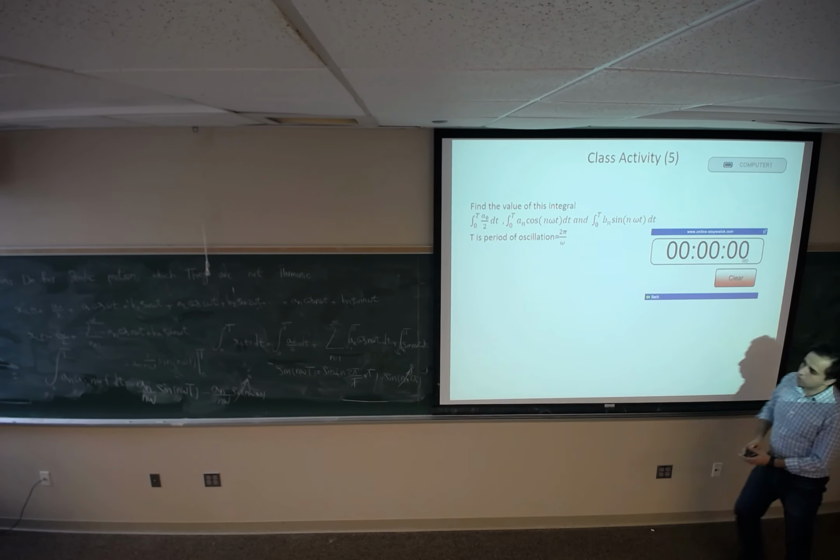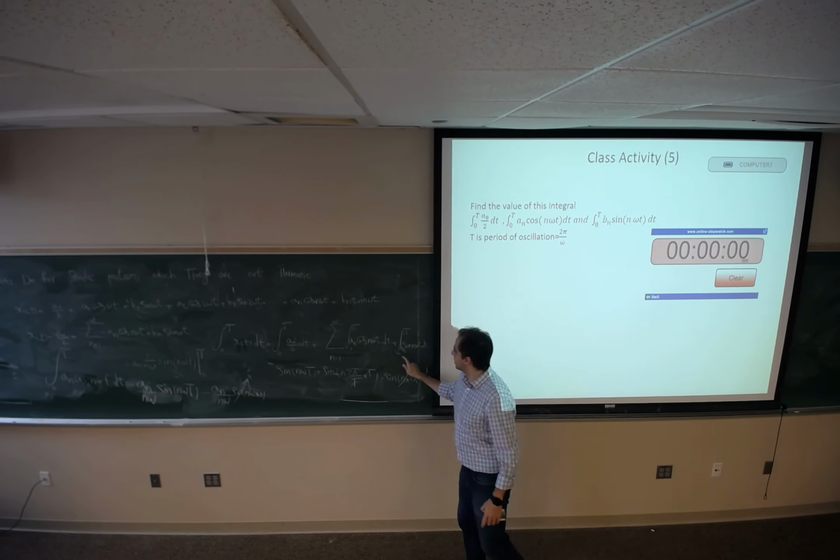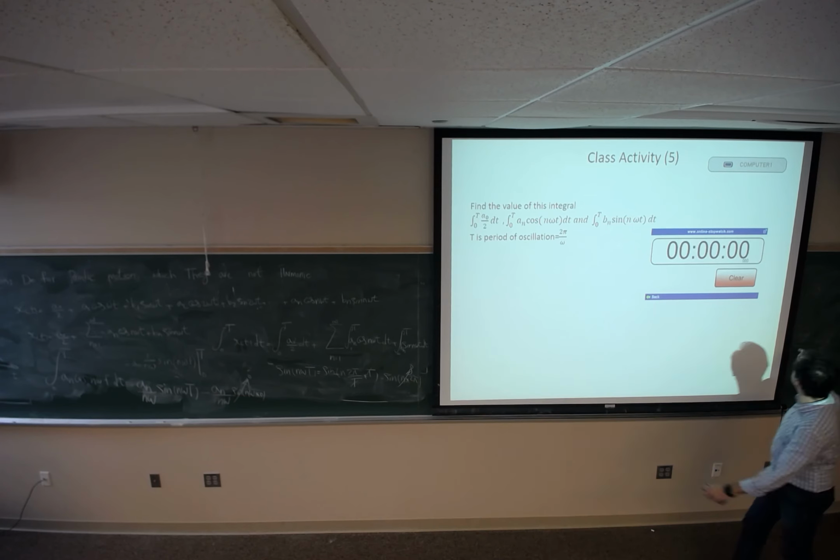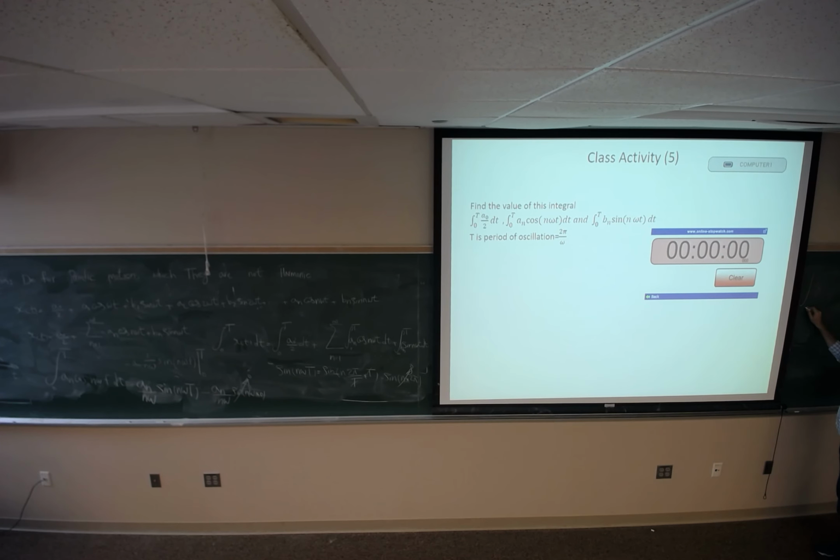So I'll do this part. The integration of Bn sine of n omega t dt. Bn is constant, it's coming out of the integration. The integration of sine of n omega t is going to be negative cosine of n omega t divided by n omega.